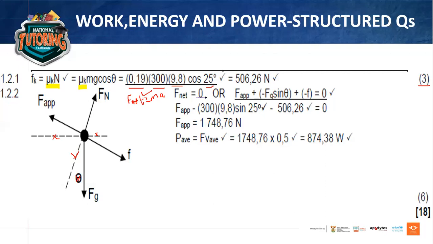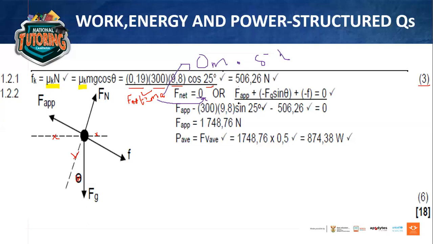Why? Because the object is moving at a constant speed. It will be mass multiplied by an acceleration of 0 meters per second squared. And that is why this section on MA is what is going to give me a 0. Then I break down what makes up the net force.